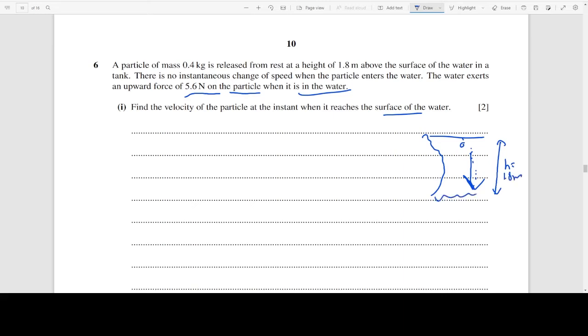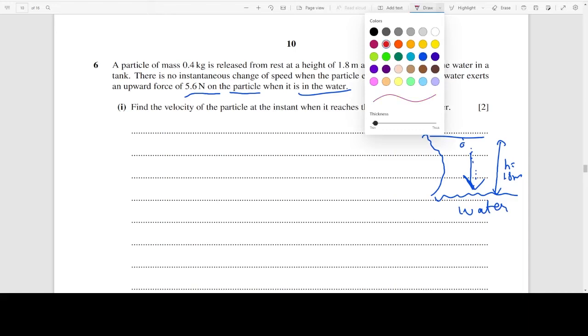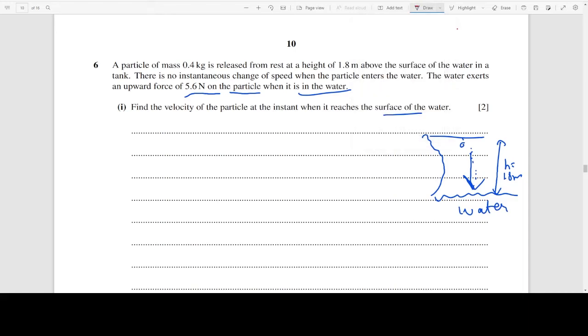That is water over here. And mass is 0.4 kilogram. Height is 1.8 meters. So let's see, we have the height.